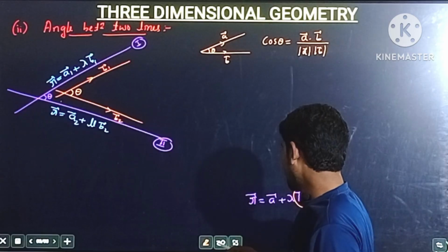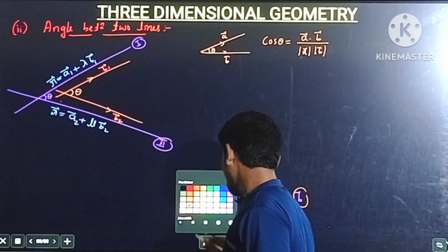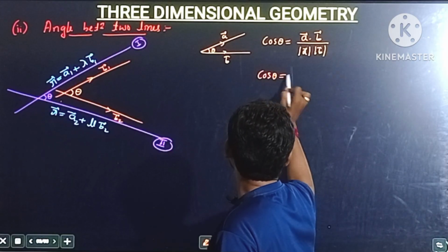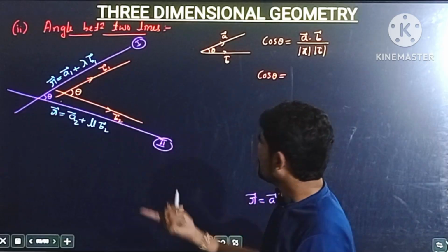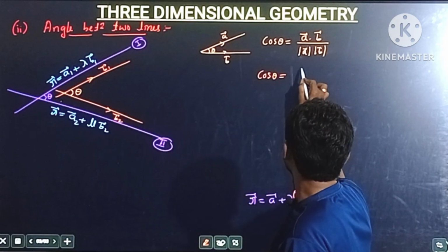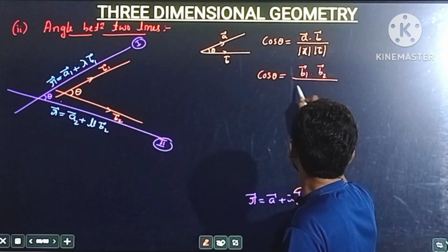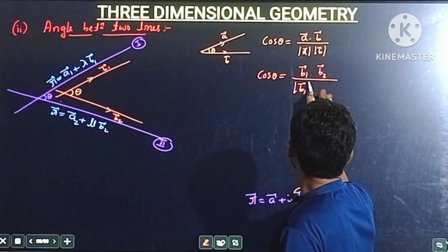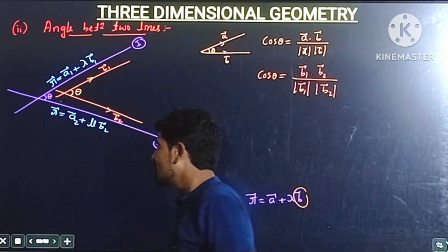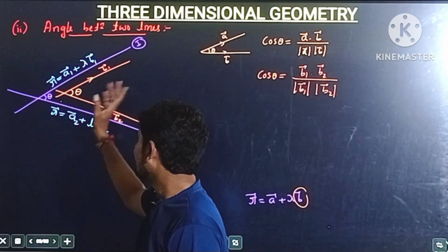Therefore, the angle between b1 and b2 is obtained by the formula cos theta is equal to a vector is similar to b1 vector and b vector is similar to b2 vector. So therefore cos theta is equal to b1 vector dot b2 vector divided by magnitude of b1 vector into magnitude of b2 vector.